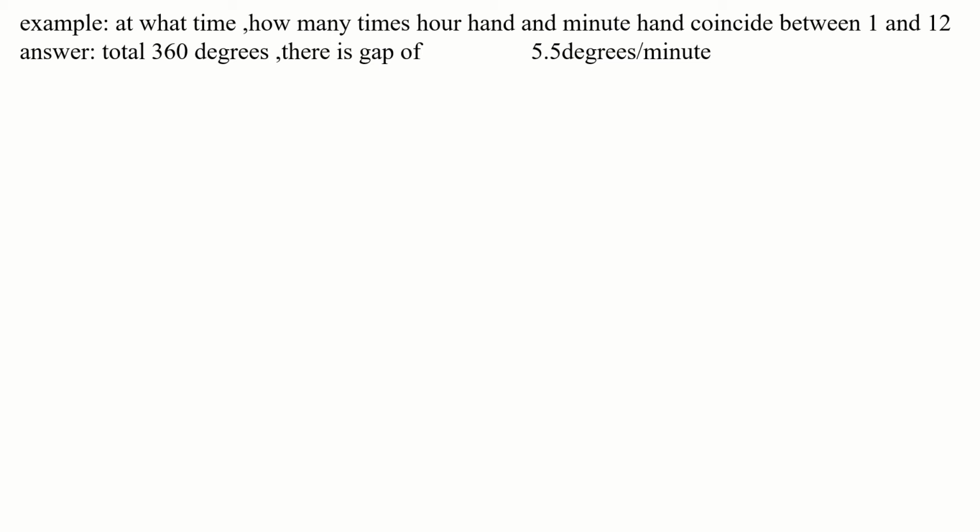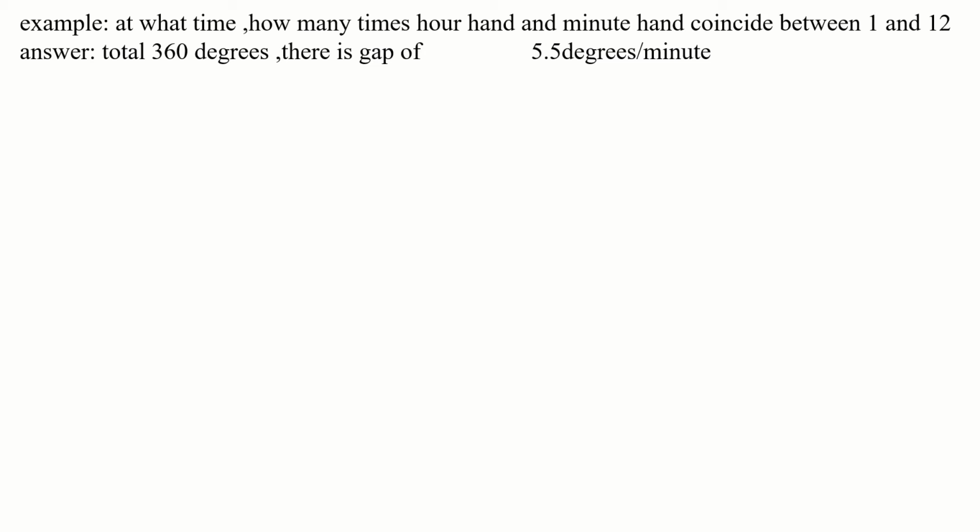The total is 360 degrees. If the gap closes at 5.5 degrees per minute, you know the relative velocity concept: suppose two trains are traveling on the same path but with different velocities. When they will meet, you apply this topic here.